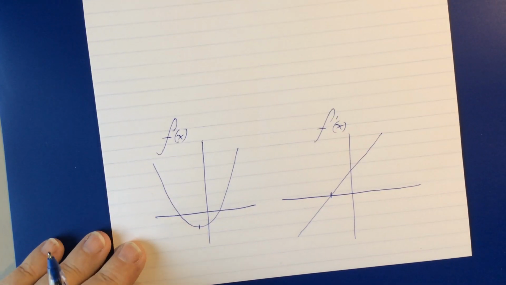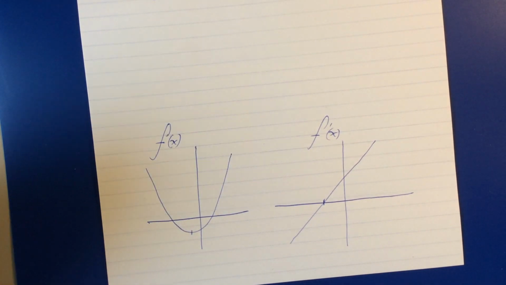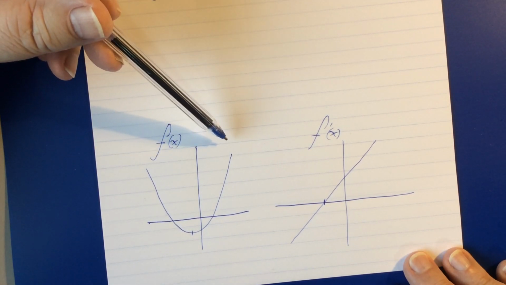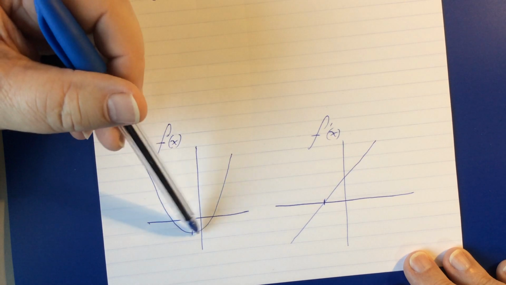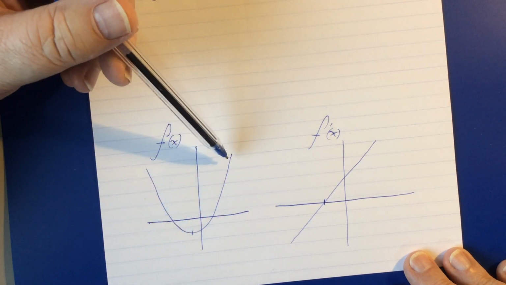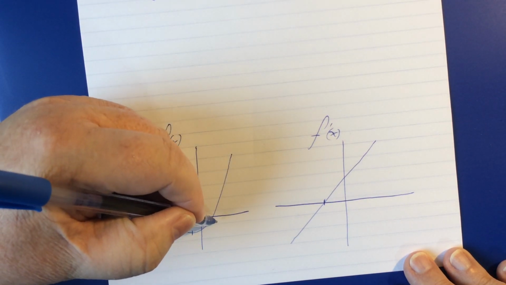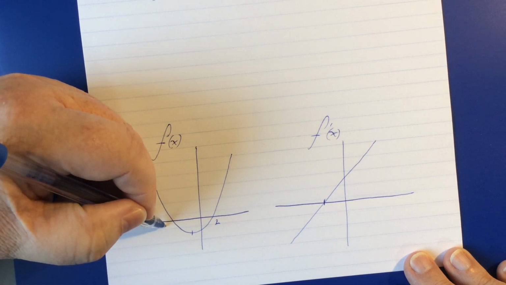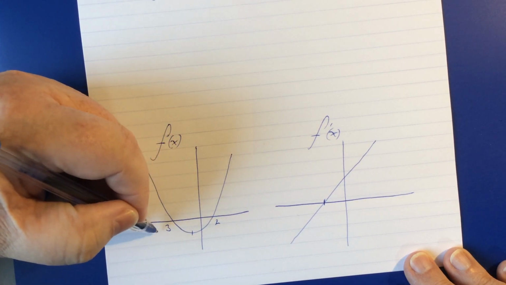And as they say on some TV shows, here's one I prepared earlier. So this is the function of x, and it's a fairly ordinary looking quadratic. And let's say we make this point here 2 and this point here 3.